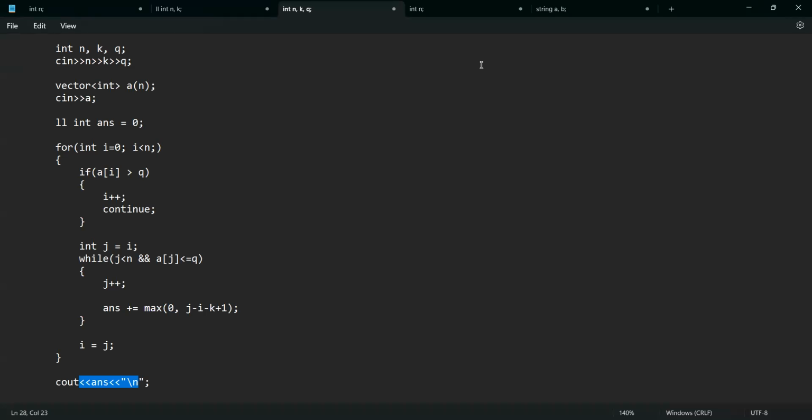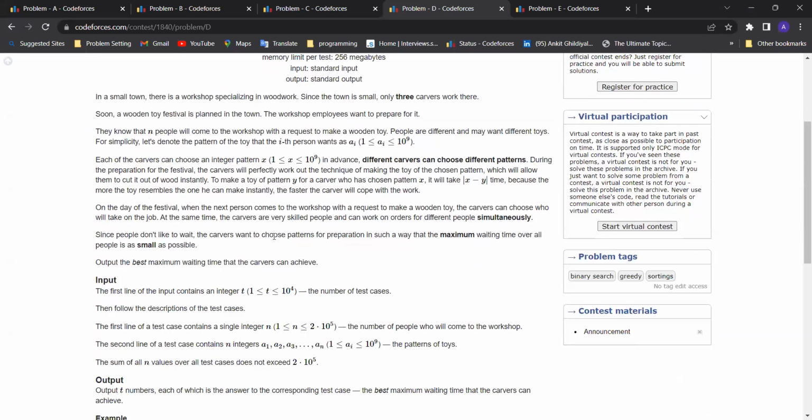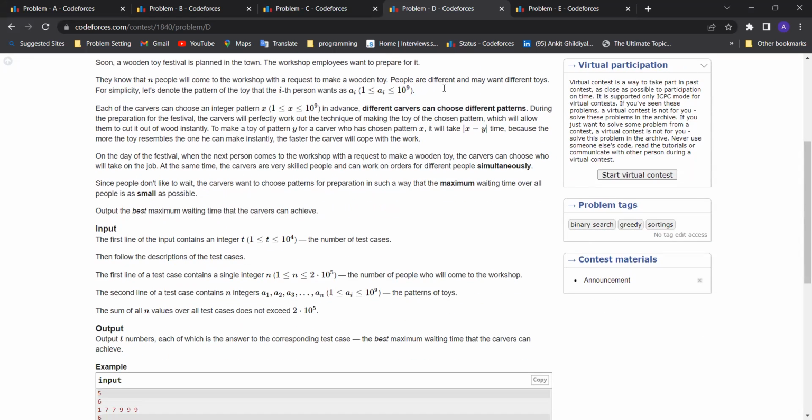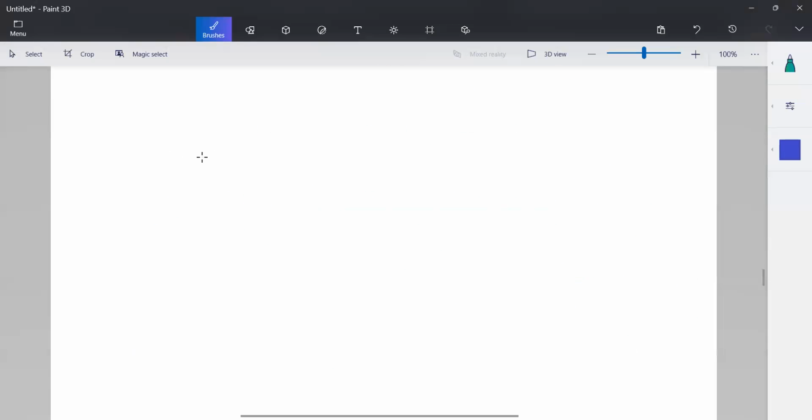Okay, so let's move to the fourth problem. In this problem, we are given some values, basically some toys that some people want constructed, and there are 3 carvers, and each of these carvers will have some values.